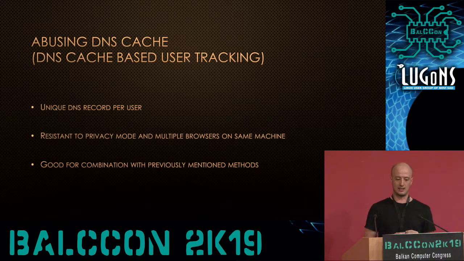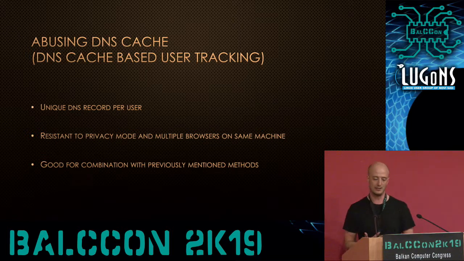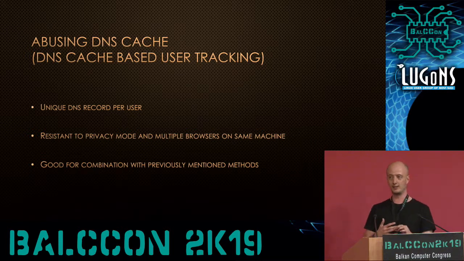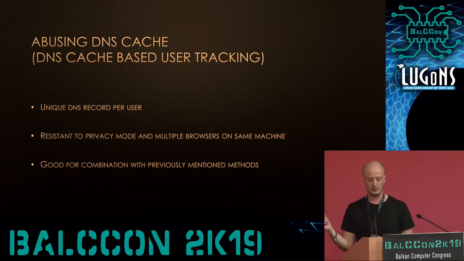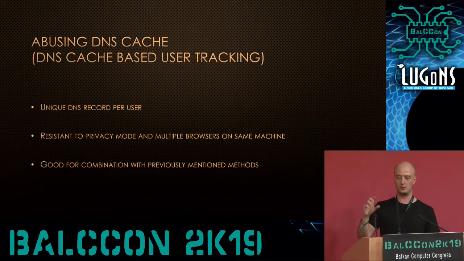Regarding this abuse of DNS cache, there are different ways to implement it. You can have fixed DNS records, and then use different combinations of those already available DNS records to create unique IDs, unique patterns for your users.